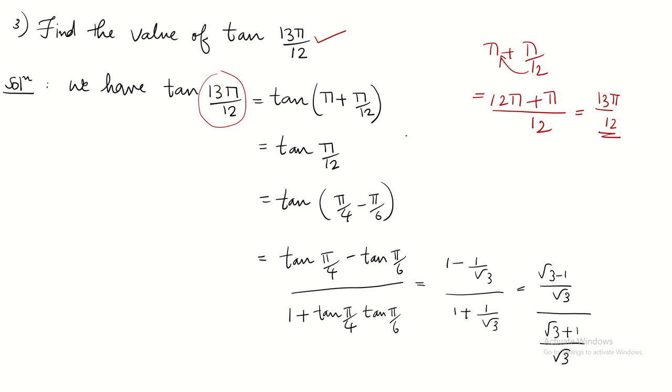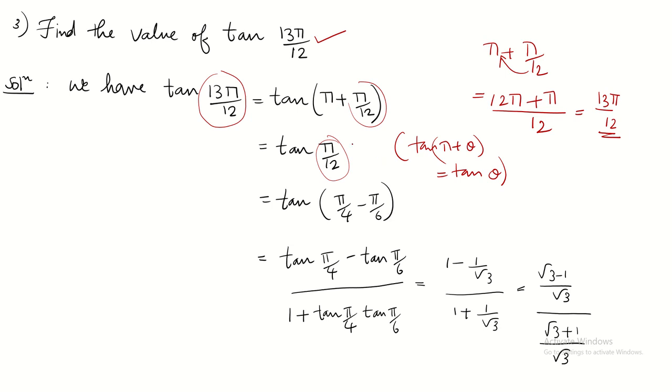The next line, we have tan of pi plus theta, that is equal to tan theta. So in the place of theta you have pi by 12. So in the next line, tan pi by 12. Now I can write this pi by 12 as a difference of two angles.